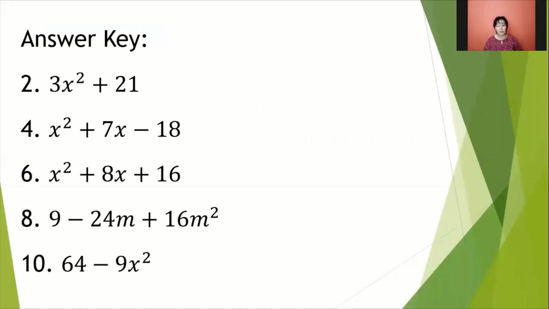Now, this is the answer key in our activity. You can use self-assessment. Okay, you have to check your solution if your answer is correct.